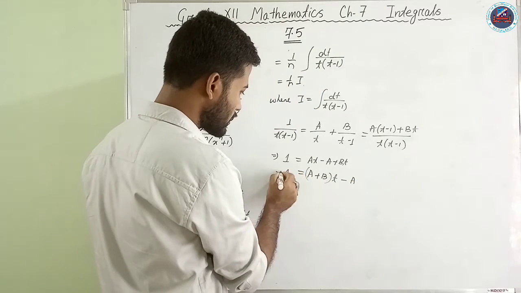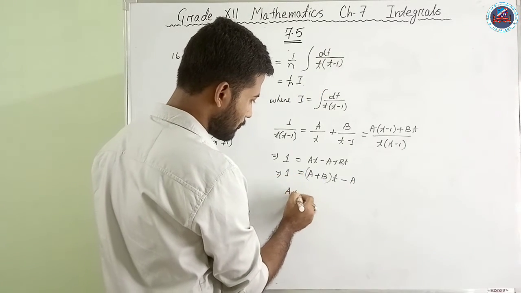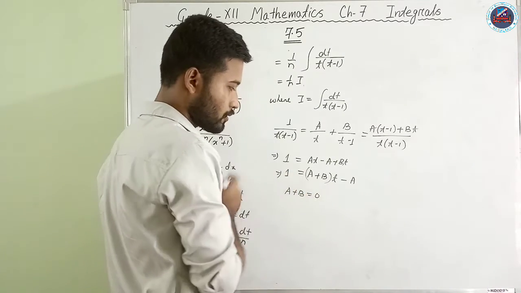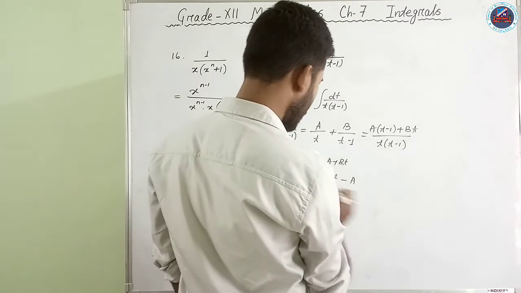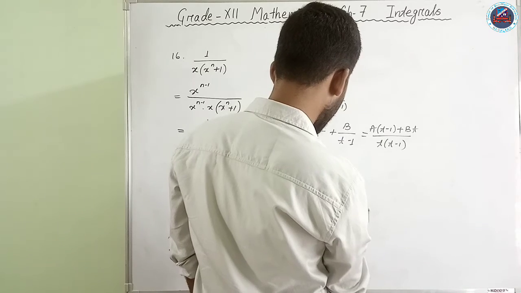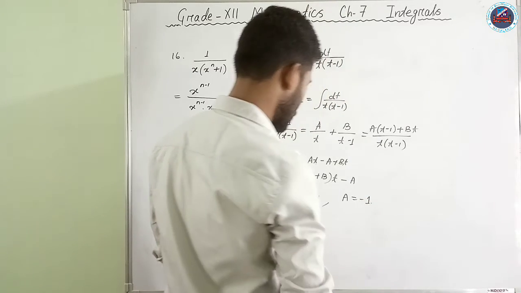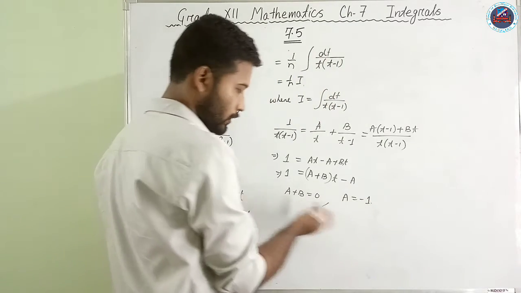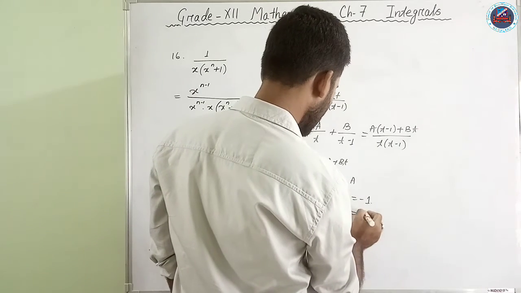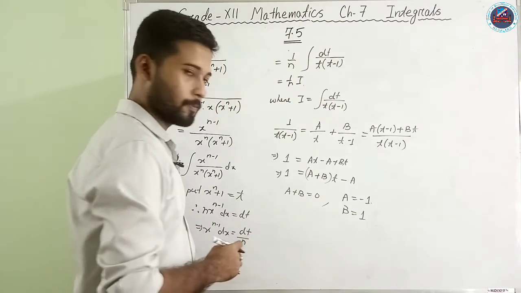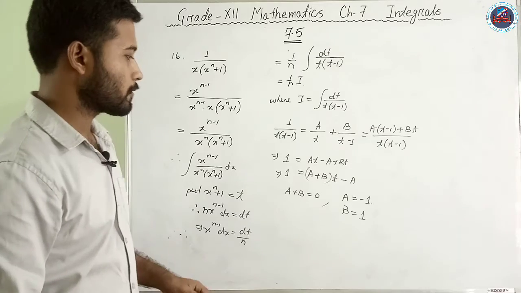Now equating the coefficients, what we get? A plus b is equal to 0 because there is no t, and equating the constants we shall get a is equal to -1. So if a is equal to -1, what about b? B will be 1 because a plus b is 0. So thus we have got the values of a and b.